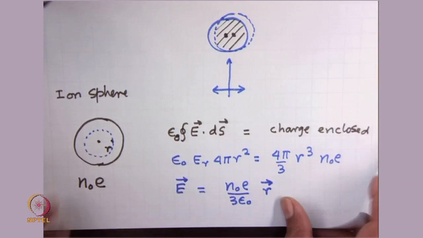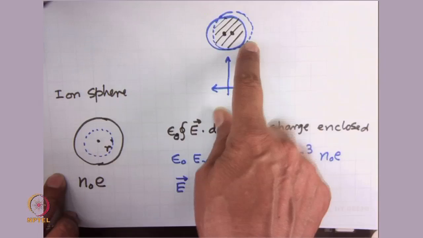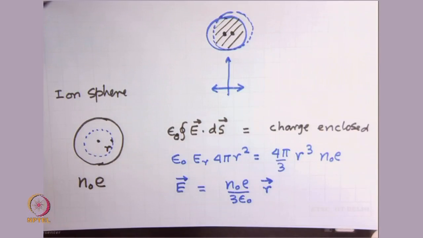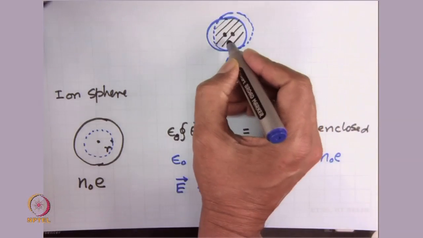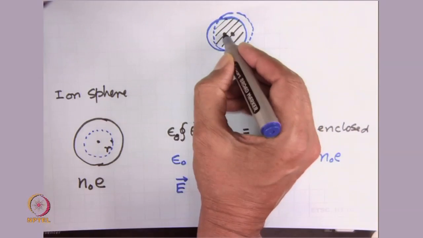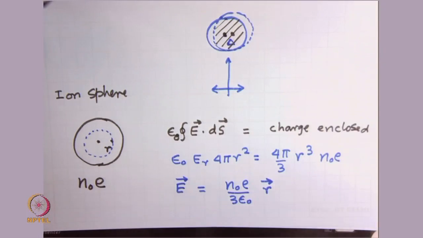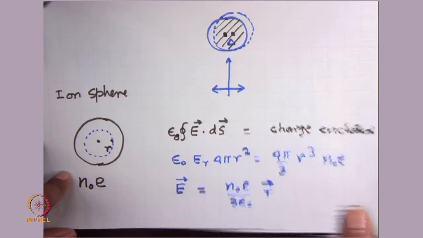But when we have a displaced electron sphere also, the center of the electron sphere is, suppose, at a distance delta. I have moved this by a distance delta from the ion sphere center. So, the electron sphere, suppose I have shifted by distance delta. Then what will happen?